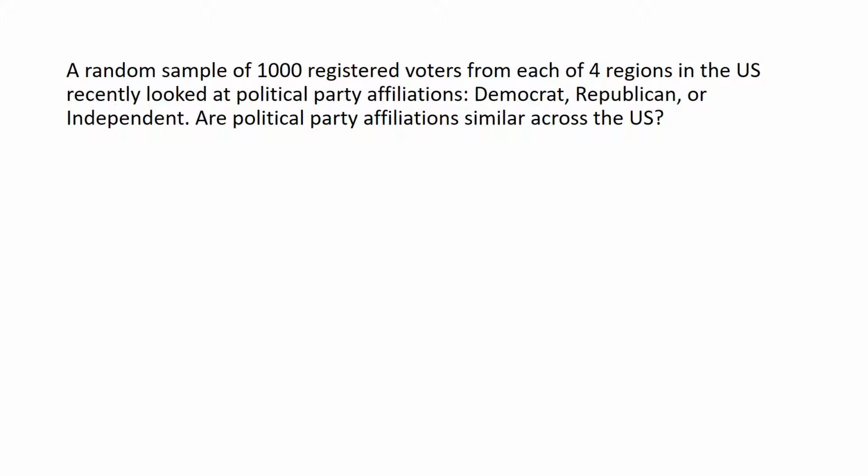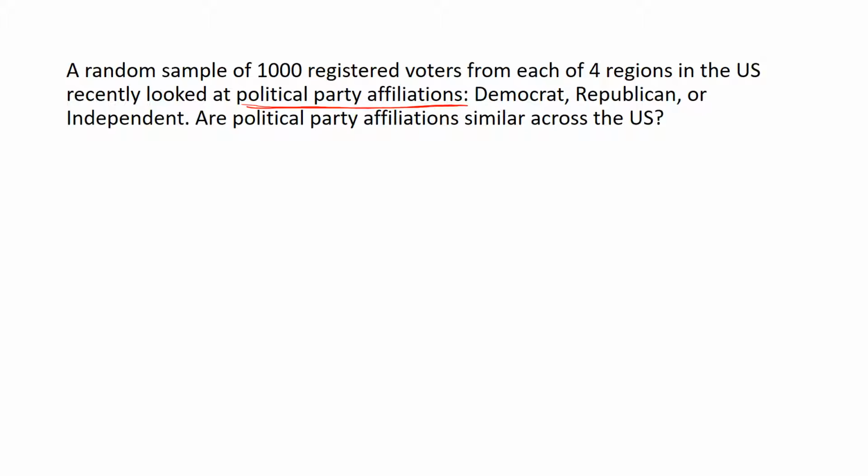A random sample of 1,000 registered voters from each of 4 regions in the U.S. recently looked at political party affiliations, Democrat, Republican, or Independent. Are political party affiliations similar across the U.S.? I have only one variable, political party affiliations.